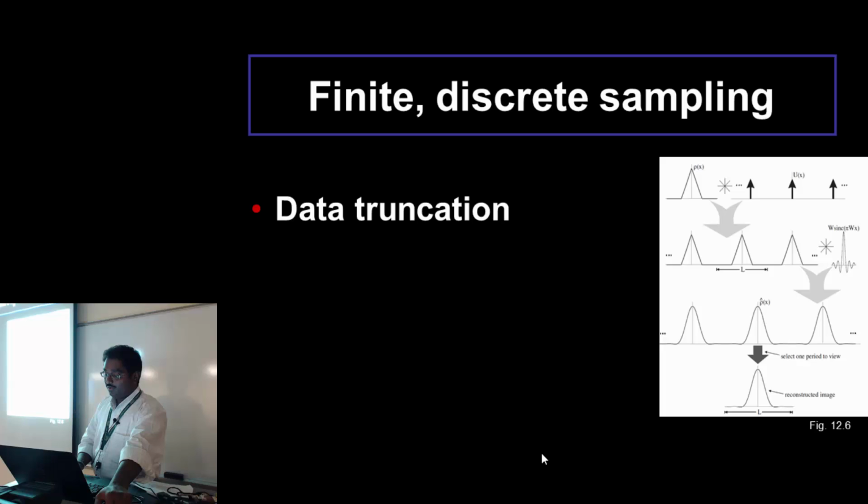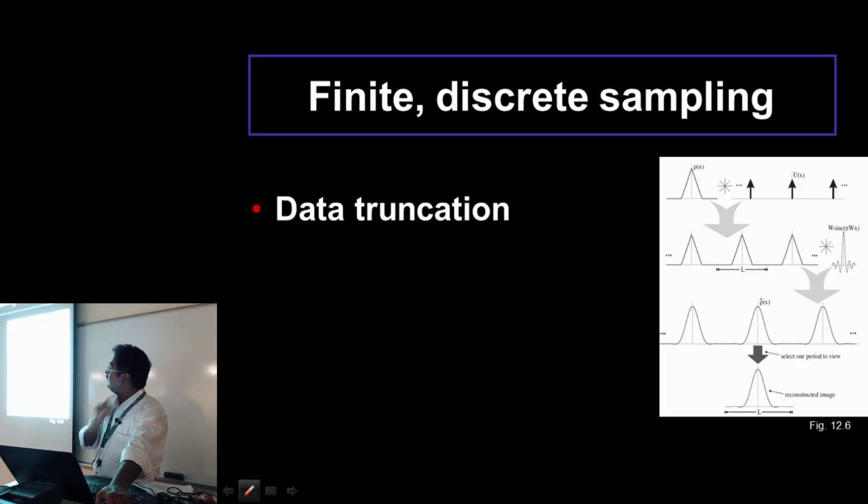Now because you can't sample the signal forever, if you have a window, meaning that you're limiting your number of samples in k-space, in other words, you're multiplying your sampled function by a rectangular function, right?